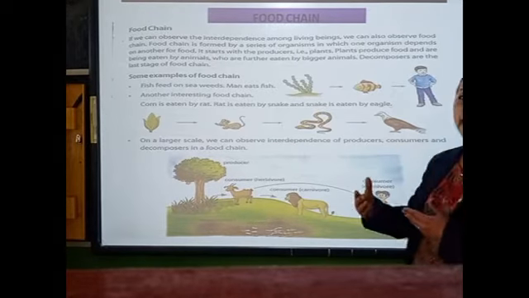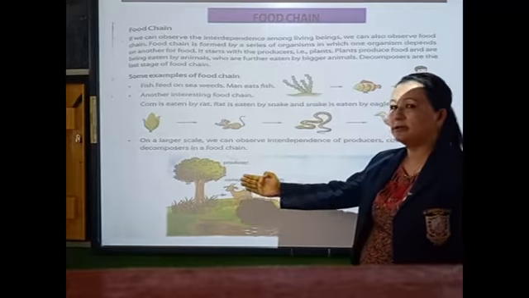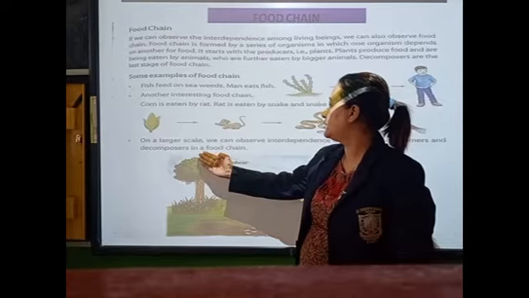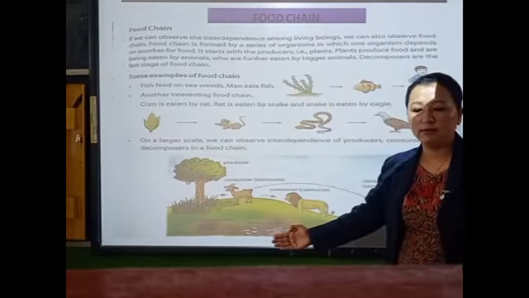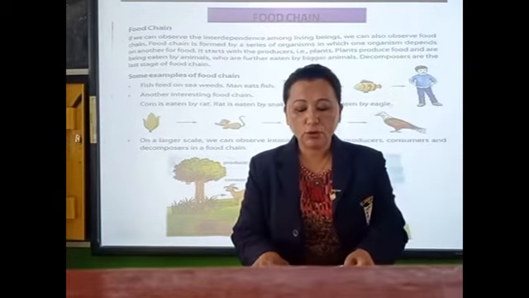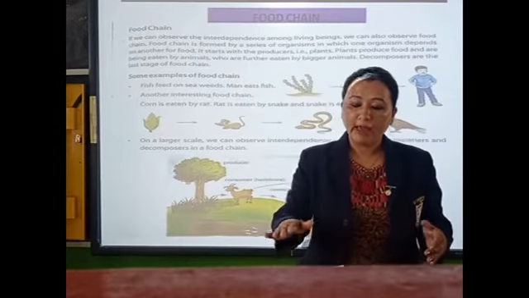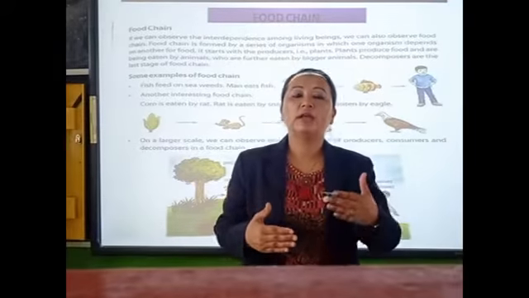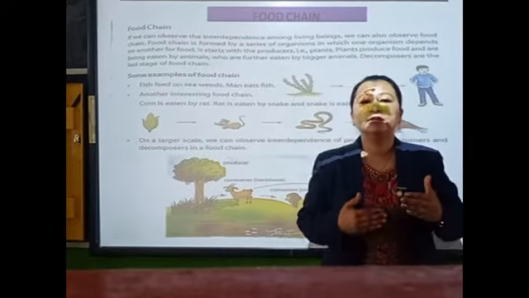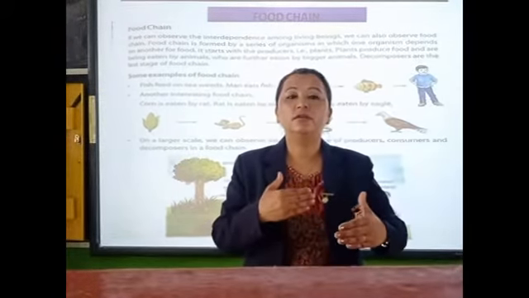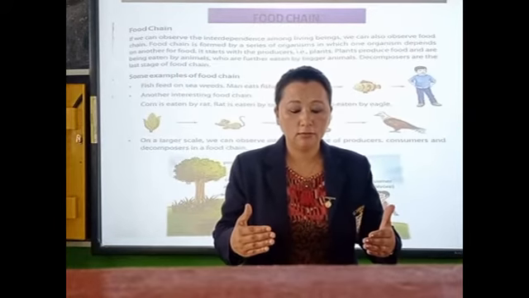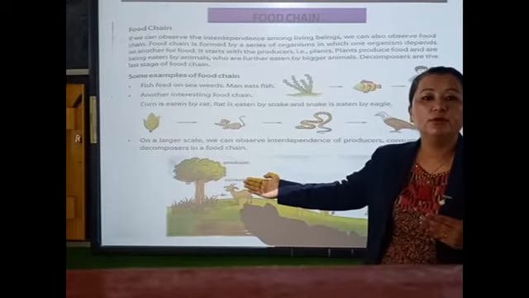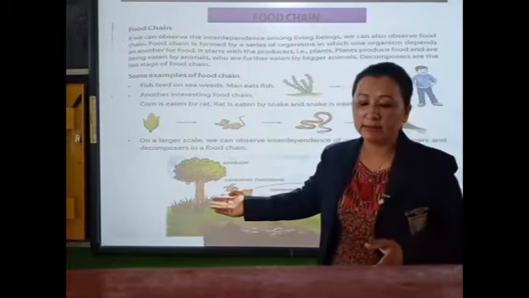On a larger scale, we can observe interdependence of producers, consumers and decomposers in a food chain. So let me show you how we have the producers, consumers and decomposers. They depend on each other for their food. First we have producer, which is nothing but plants.